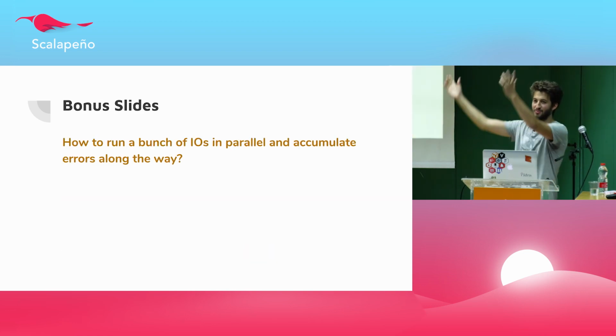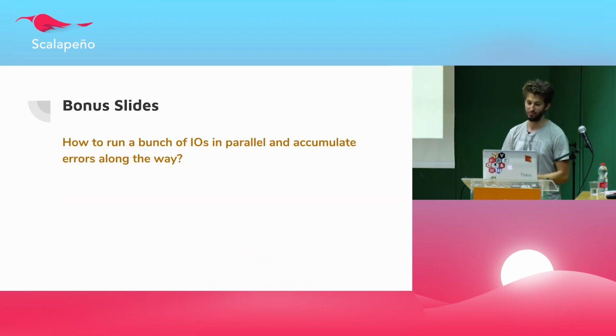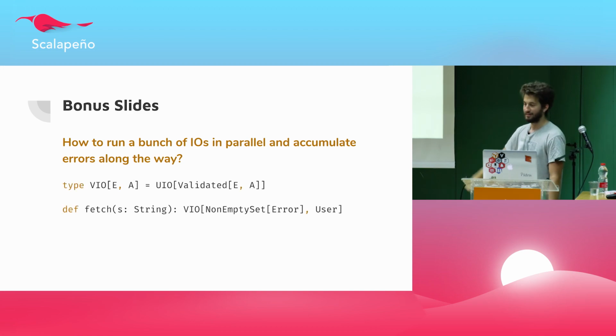Okay, so how do we run a bunch of IOs in parallel and accumulate errors along the way? So we're kind of out of luck here because we have this either short-circuiting behavior inside of our IO. So how do we do that? And what we can do is a new type called VIO, and that is basically just a UIO of Validated. So it doesn't have a monad instance, but an applicative instance.